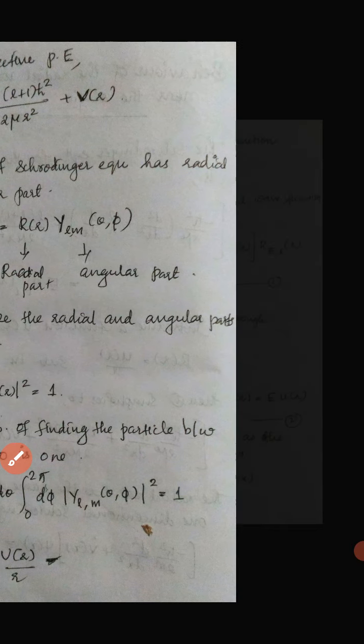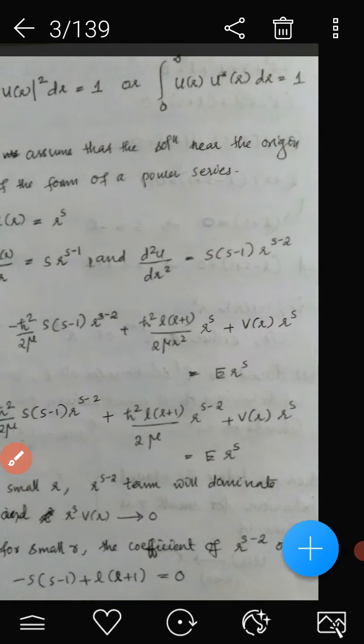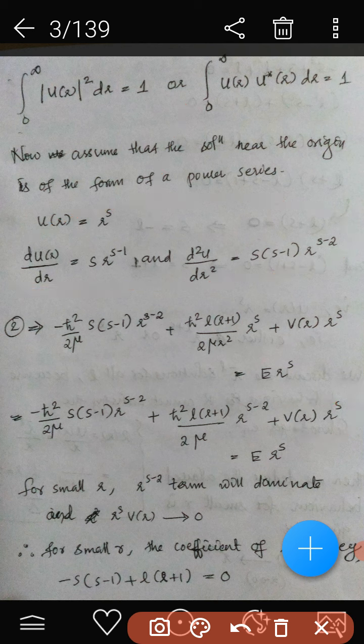Instead of u, we substitute this. Then the equation becomes this one. The first part is this, and the second term has r square, so r square and r to the power s will combine to give r to the power s minus 2.